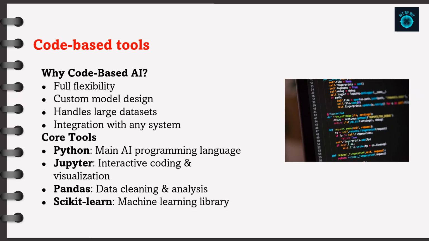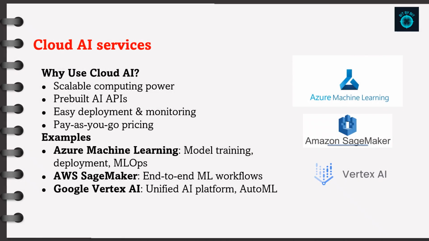The main benefit of code-based tools is flexibility. You can design models exactly the way you need, handle large or complex datasets, and integrate the results into any application or system. However, they require coding skills and take more time to set up than no-code or low-code platforms. Cloud AI services.